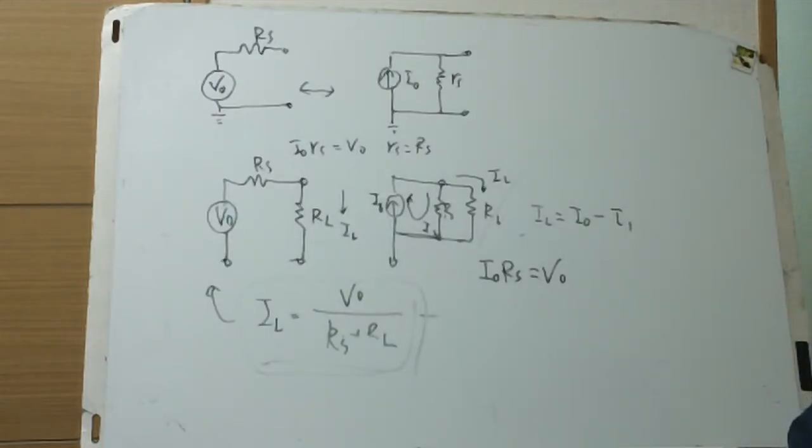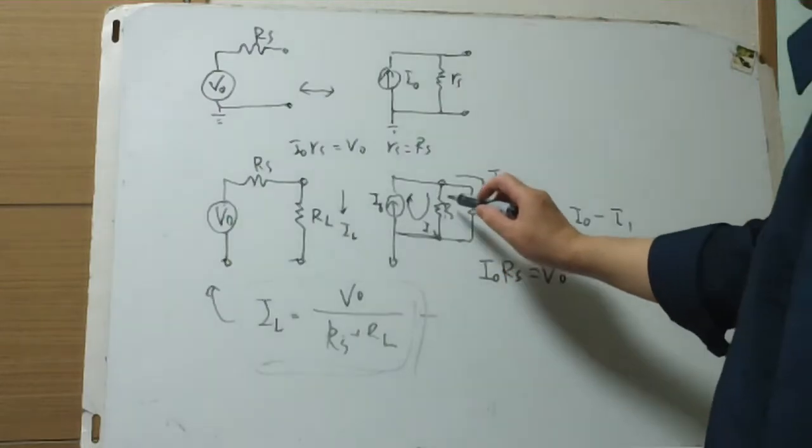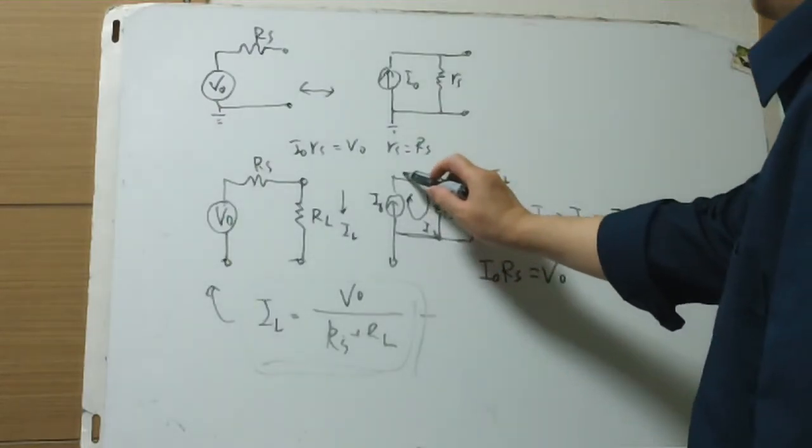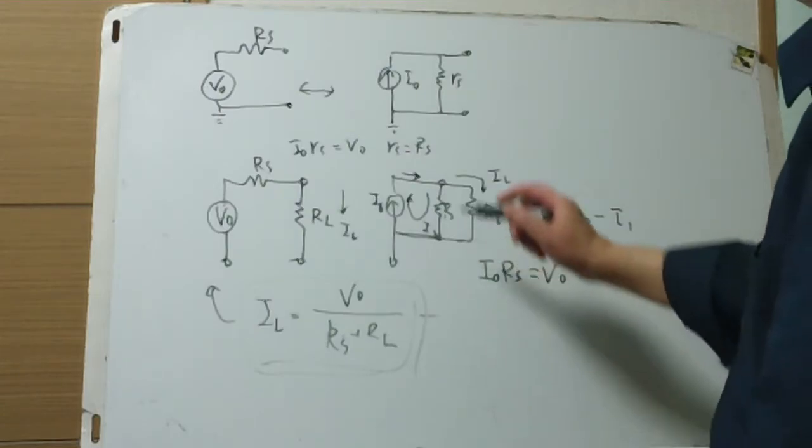So, and I1, this current is IL plus I1, I0.